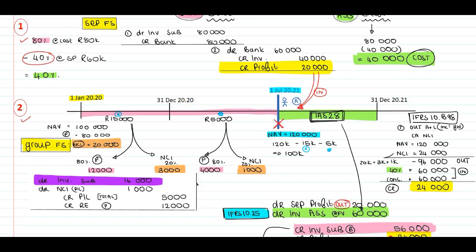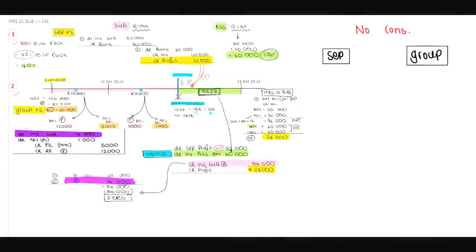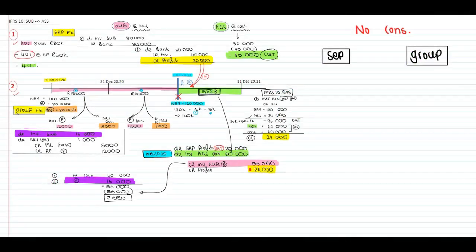Now let's just take one step back. Important to remember, based on the UNISA approach, no consolidation occurred at date when control is lost. Now, if we look at the separate records of Entity A, Entity A will have to recognize the sales transaction. Therefore, we will recognize a profit or loss on the sale transaction. That's it, guys. Take out the investment, include bank, recognize profit or loss.